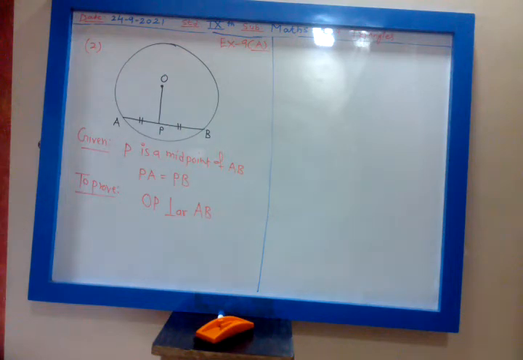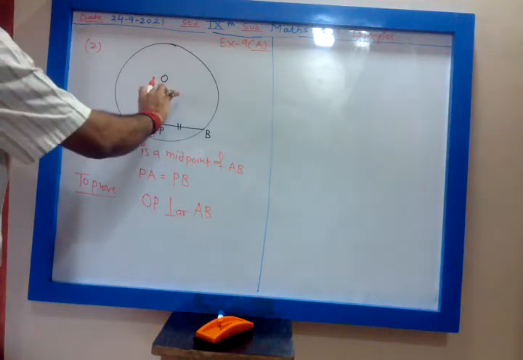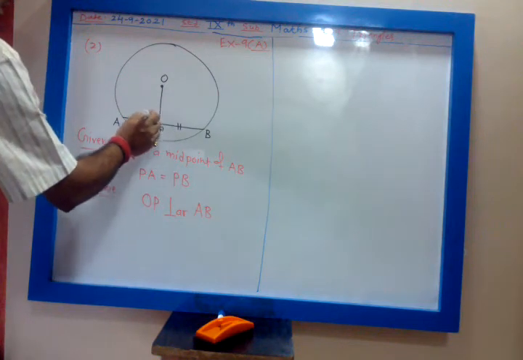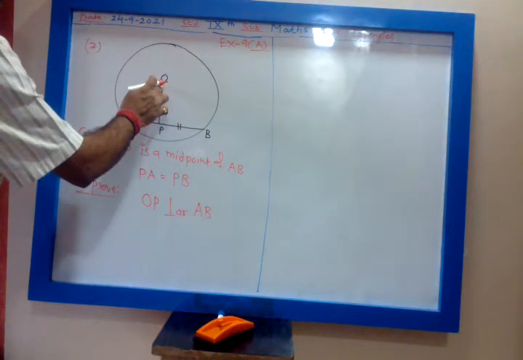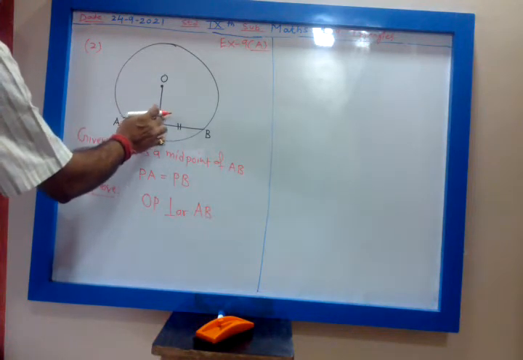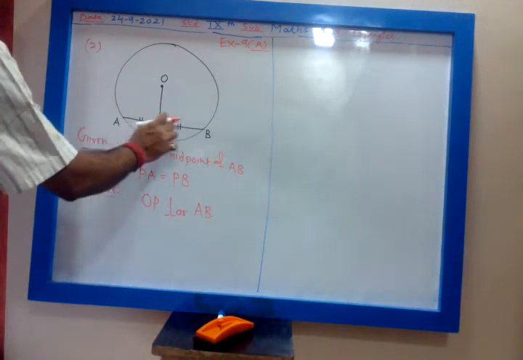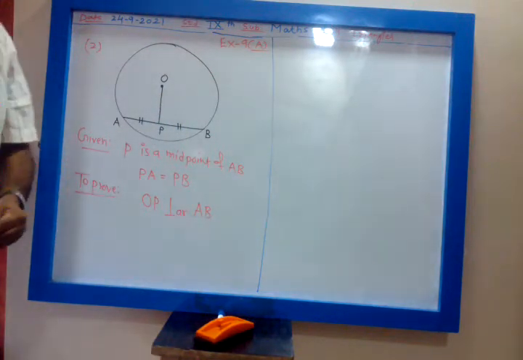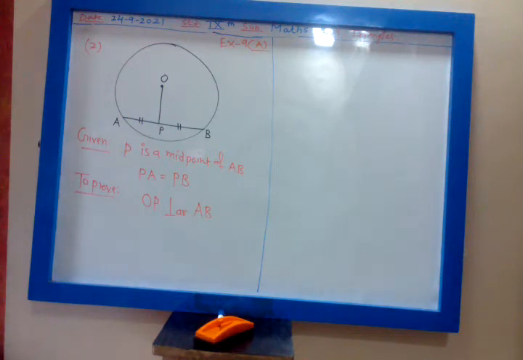To show that OP is perpendicular to AB, we show that both these angles are 90 degrees. Angle OPB and angle OPA are 90 degrees. If these two angles are 90 degrees, it means OP is perpendicular to AB. Okay, so that is given and to prove.